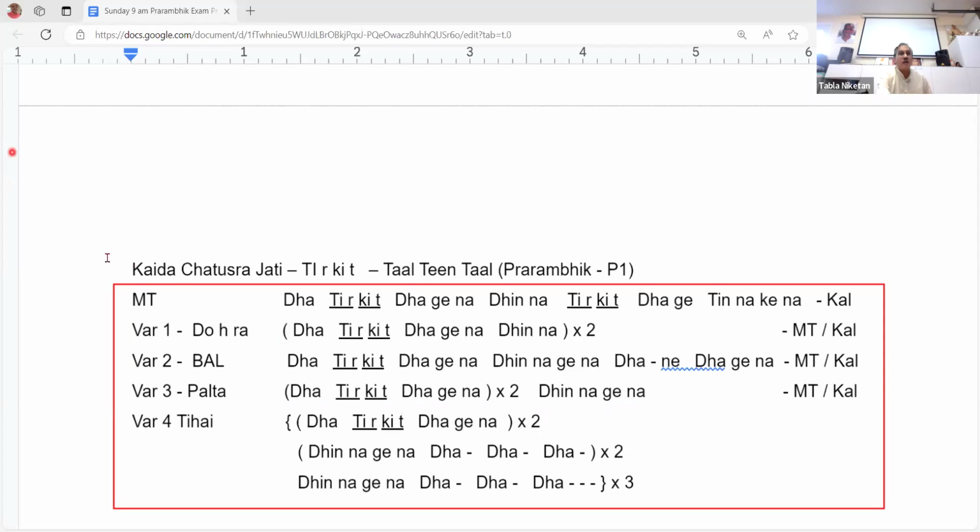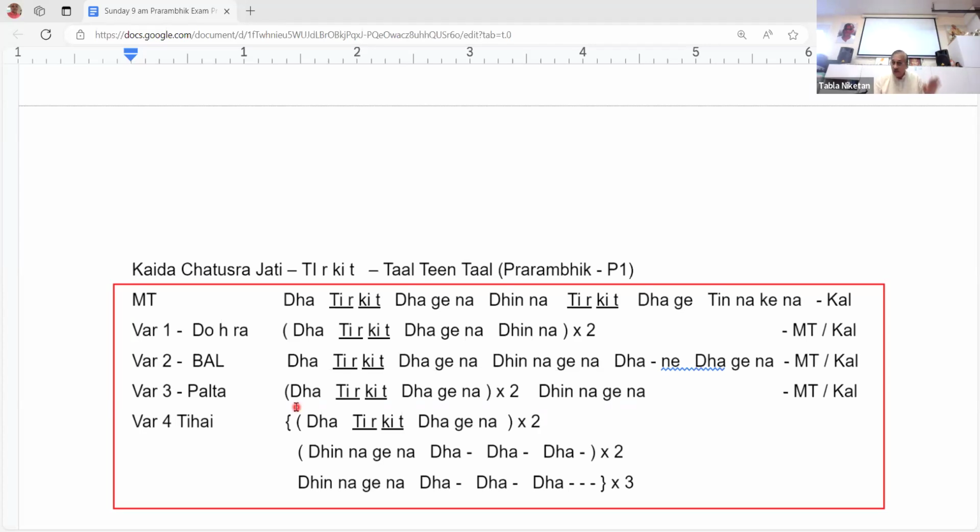Variation 2. Dha tere kita dhage dinna ge na dha ne dhage na. Third.